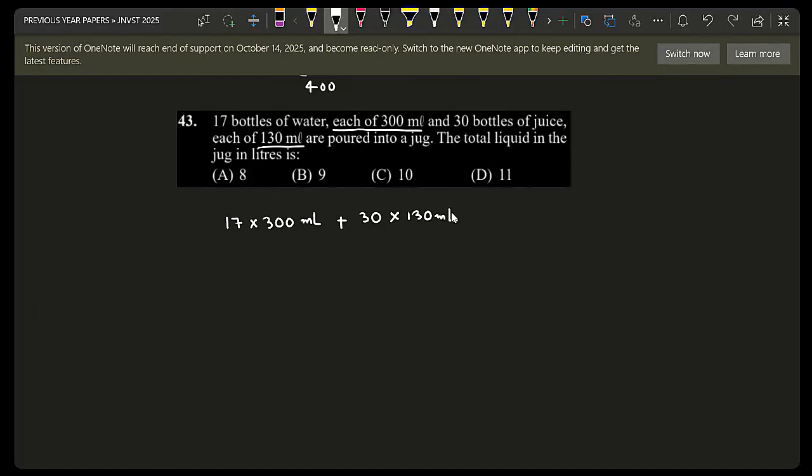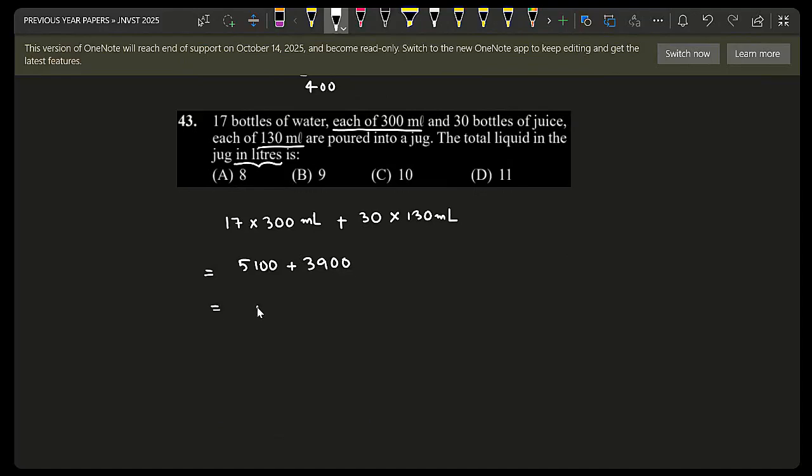We need to count in liters. You have to read this part, very important. Whatever units they mention, you must read. So finally we have to convert into liters. 17 threes are 51, so 5100, plus 30 into 3, 3900. This is in milliliters.